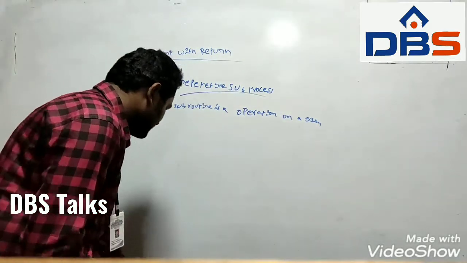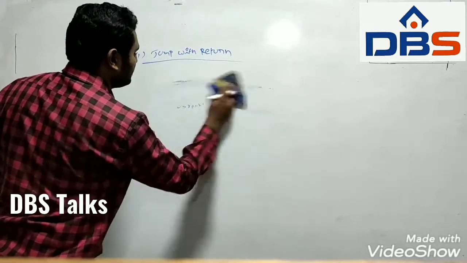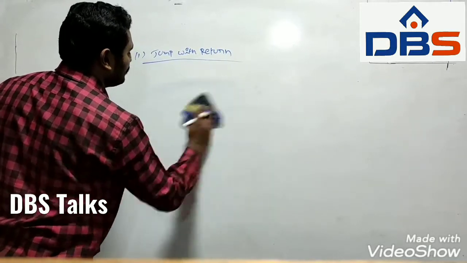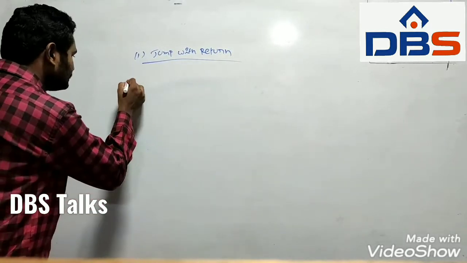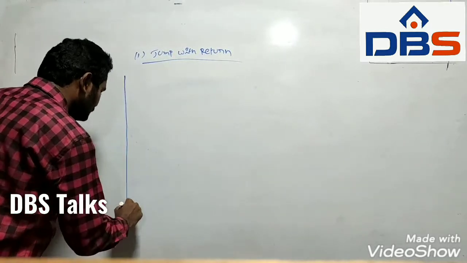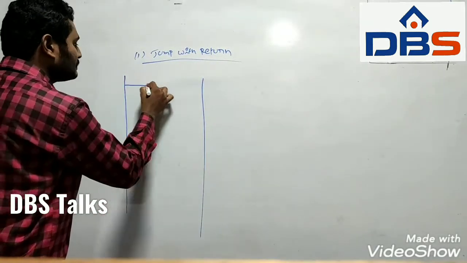Here I am taking one example or one application to explain this jump with return function. Let us consider this as a main program.